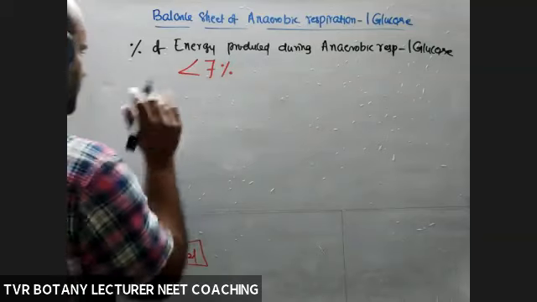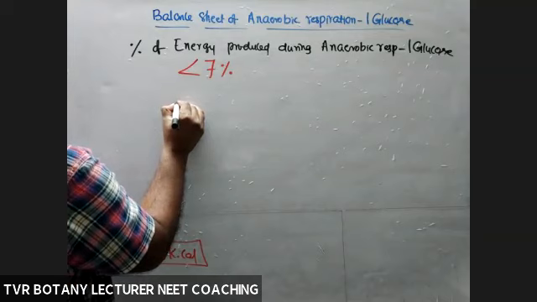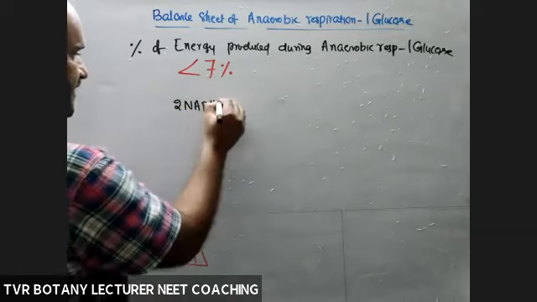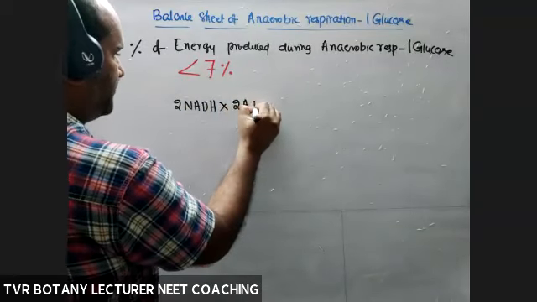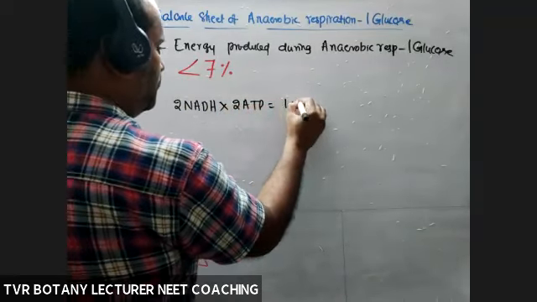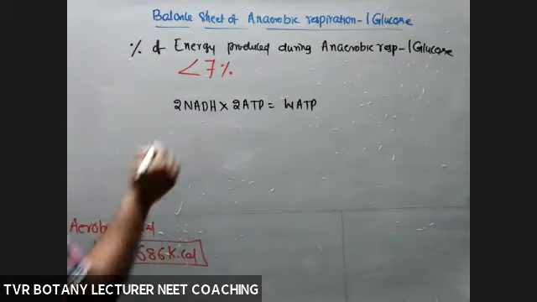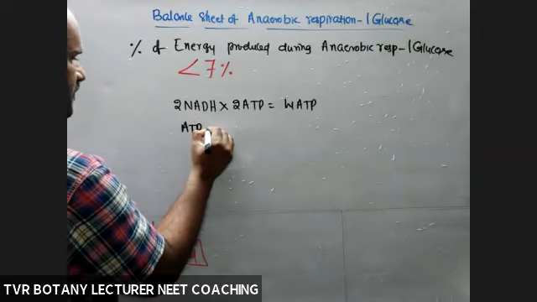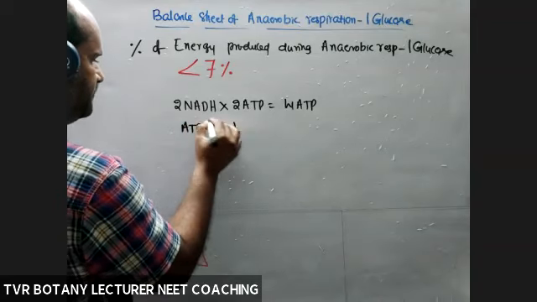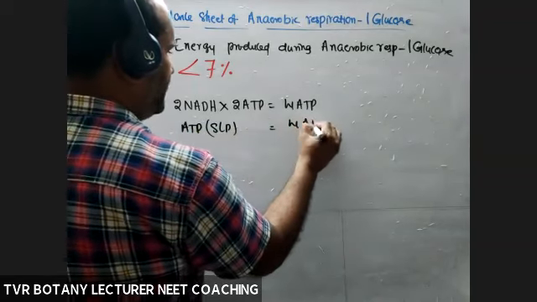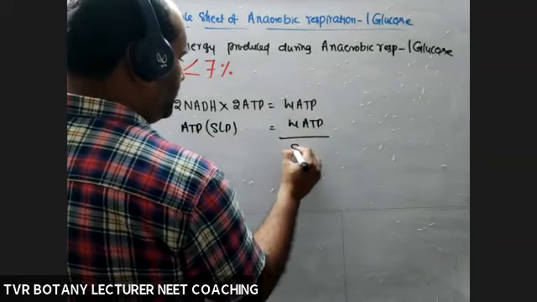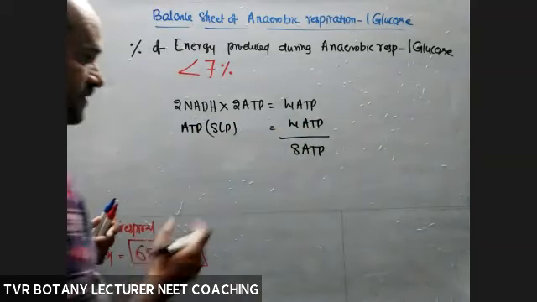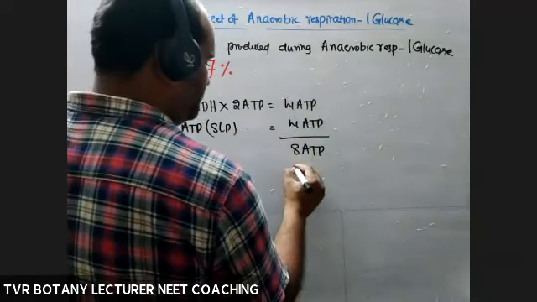Now, take 2 molecules of NADH. Here they took 2 molecules of NADH as 4 molecules of ATP, and the directly formed ATP by means of SLP, 4 ATP molecules. Total 8 ATP molecules. They consider it like this, against the first concept.